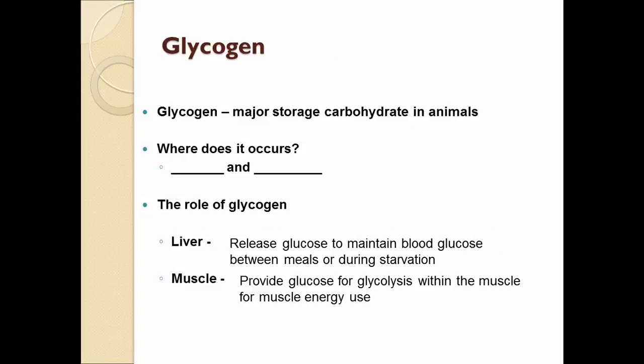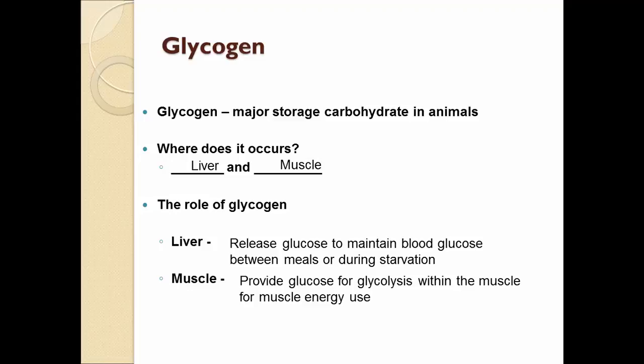And for glycogen, what you need to know is just the two key pathways in glycogen metabolism, synthesis and breakdown, right? And again, the liver and muscle are the key tissues that store glycogen.